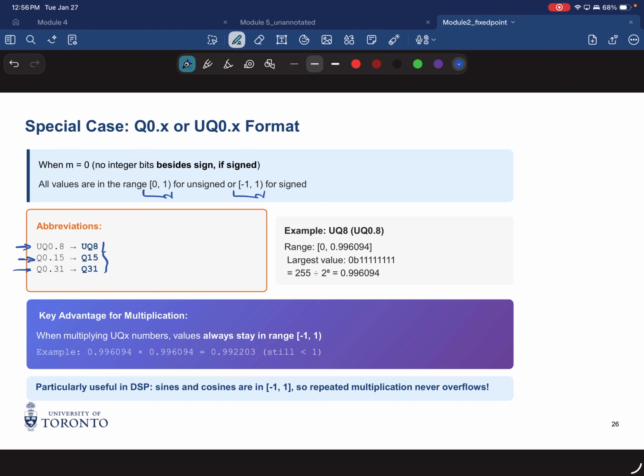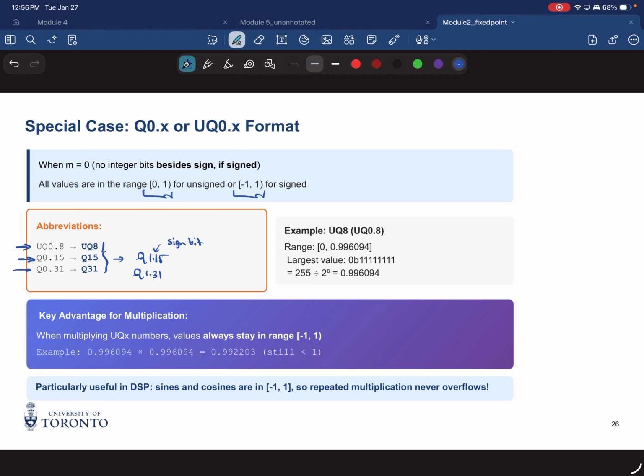So here, this is exactly Q1.15 if the sign bit was explicitly mentioned, and this is Q1.31.